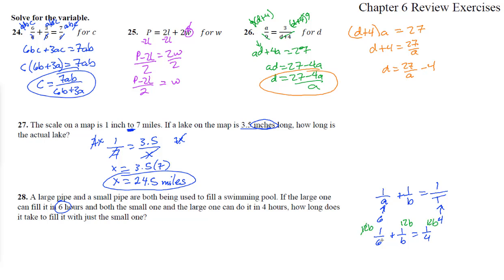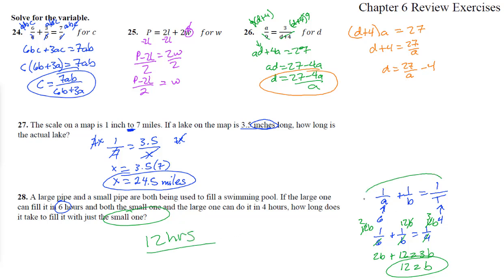So here, that leaves a 2, so we've got 2b plus, the b cancels, 12 equals 12, that's a 3, so equals 3b. Subtract 2b over, and you get 12 equals b. Ta-da! So it will take 12 hours with just the small one. If you need a review on this, it will be found in Chapter 2.